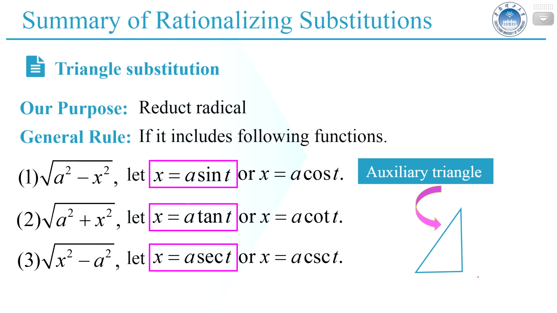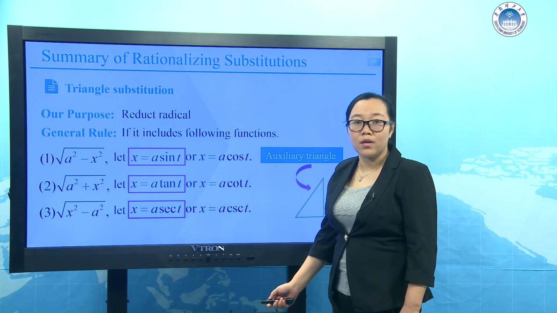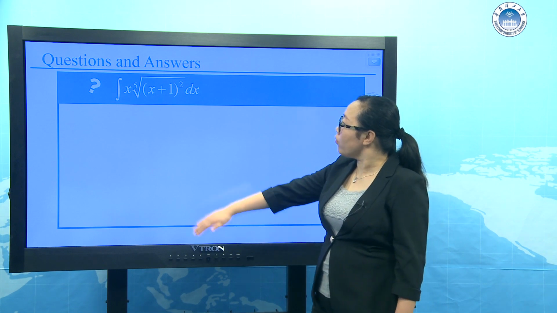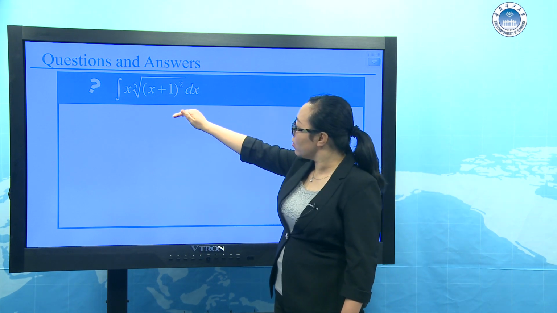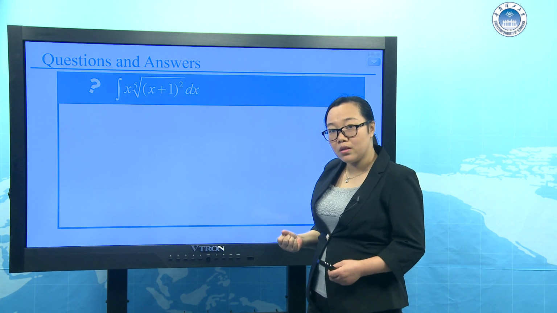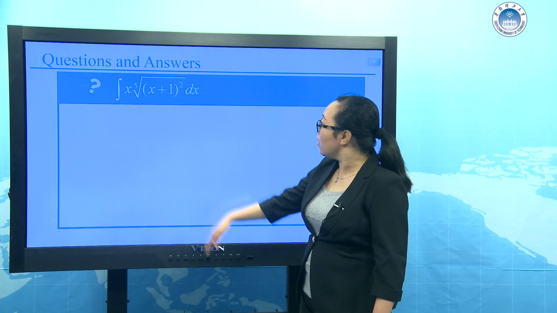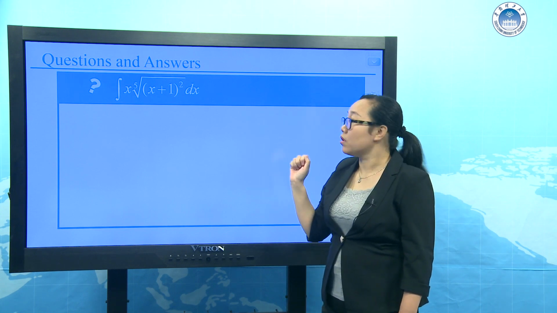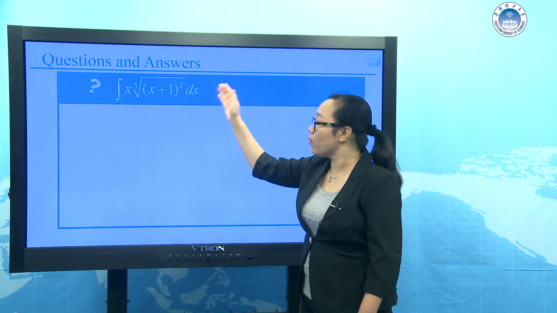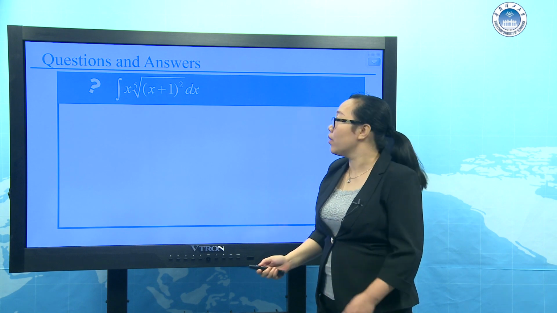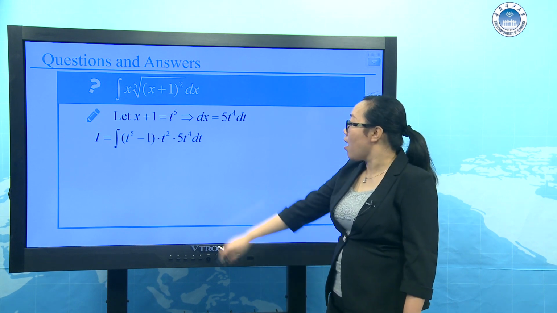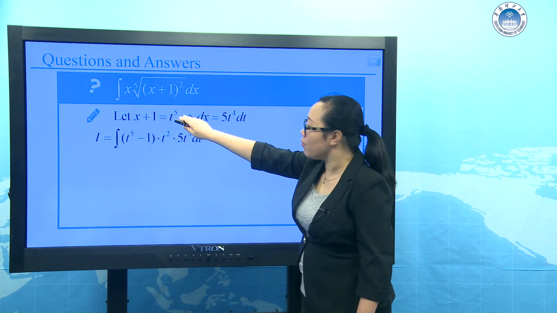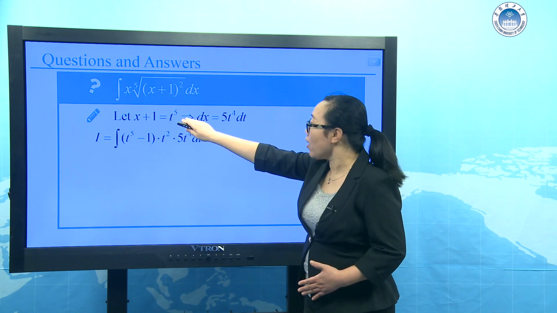So now, how to do the summaries? We will do some questions. Now look at question 1. Try to find the indefinite integral. How to do? Yes, case 1. Try to eliminate the 5th root of (x plus 1) squared. Let x plus 1 equal t to the 5th power.